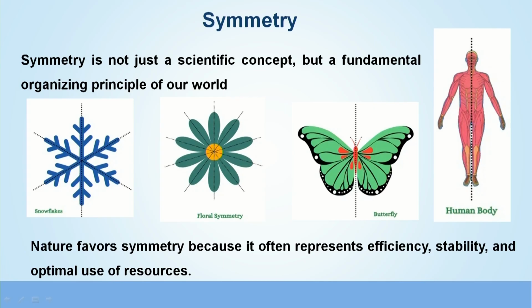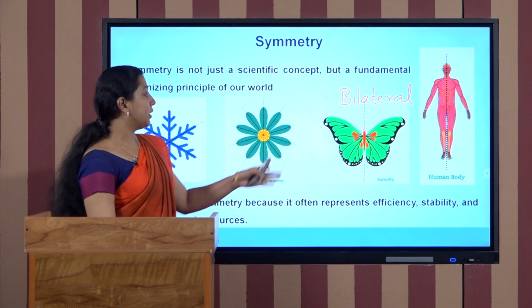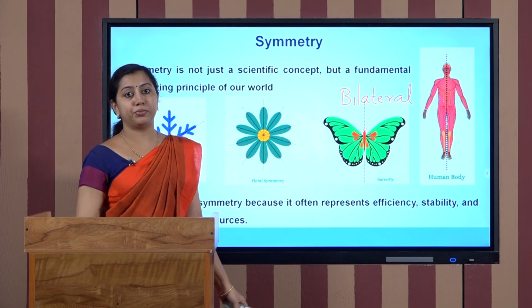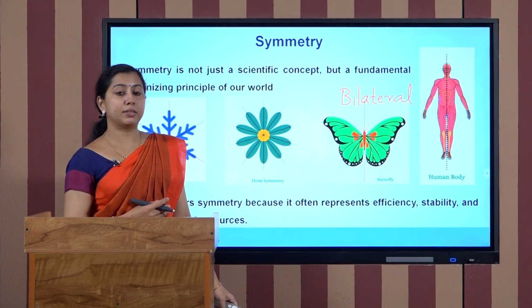Similarly, a butterfly. So, we may say that these two possess a bilateral symmetry, because one half of it is exactly the mirror image of the other half, and this is called a bilateral symmetry.